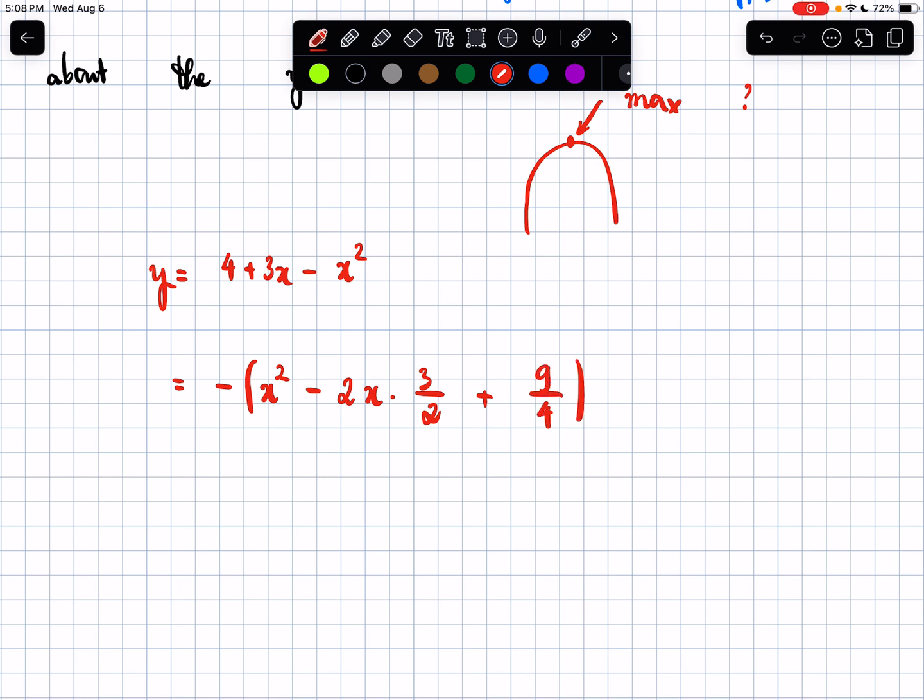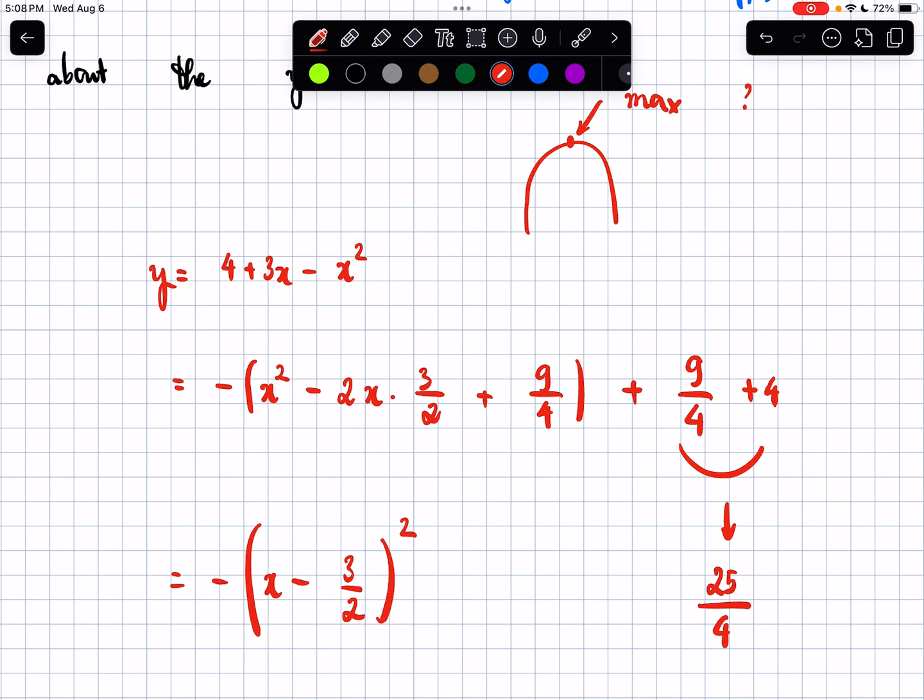Minus 9 divided by 4, we need to add that back, 9 divided by 4 plus 4. This gives us 16 plus 9, so 25 divided by 4. So y equals minus (x minus 3 divided by 2) squared, plus 25 divided by 4.